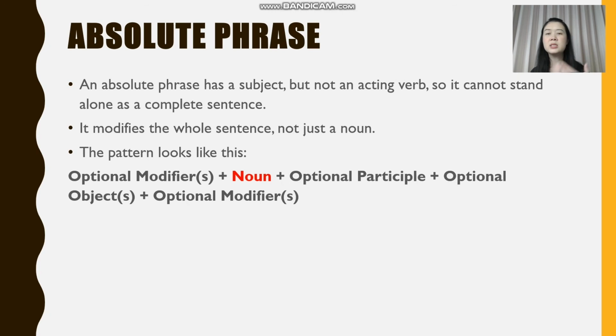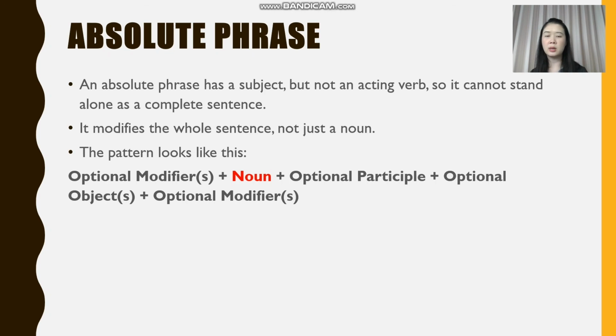But if it is the absolute phrase, we use it to modify the whole sentence. The whole sentence. Even though the pattern is pretty easy to predict, we have to say that it's totally different from the noun phrase.